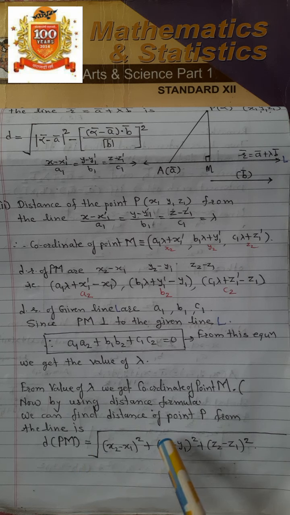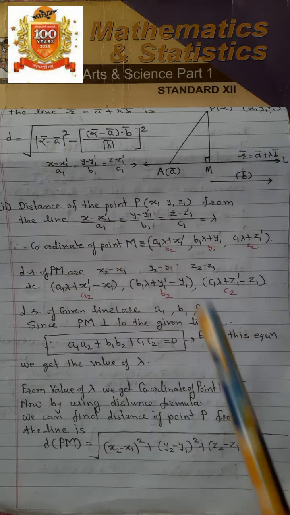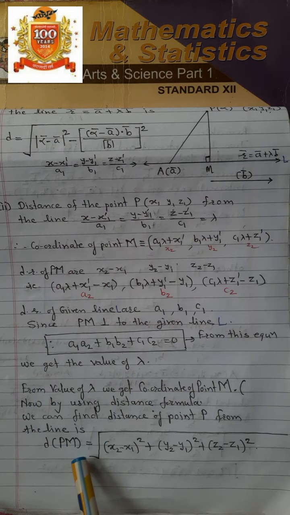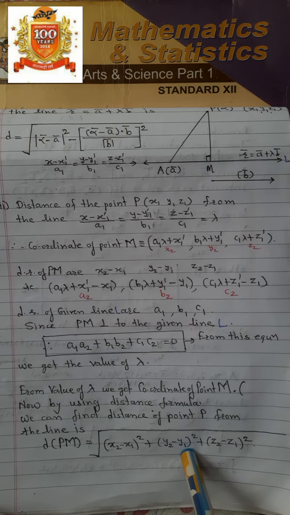In this way, we can find the distance of a point from the line. If the equation of line is given in vector form, then use this formula. If the equation of line is given in Cartesian form, then use this method, isn't it?